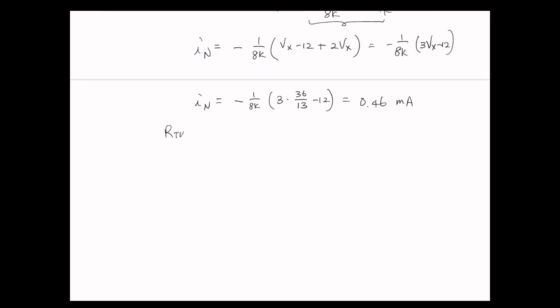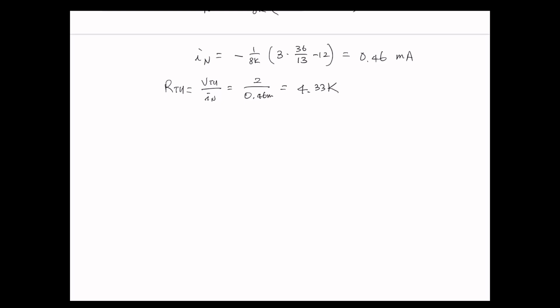RTH equals VTH over IN, and VTH we found 2, over 0.46 milliamp. That gives us 4.33K. So now put it into the Thevenin circuit. We have the source VTH, which is 2, and then RTH equals 4.33K.